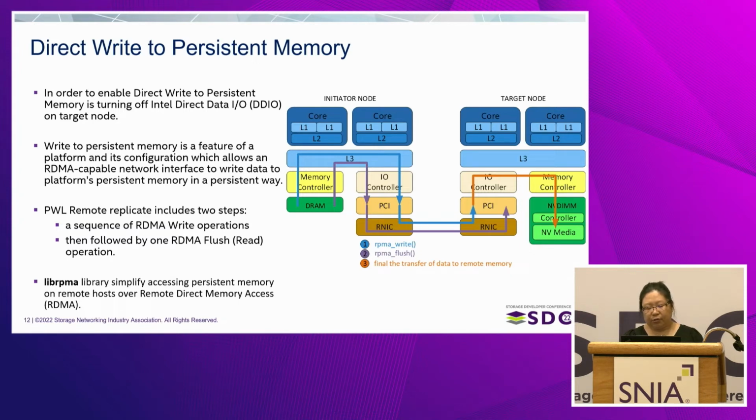The first is you issue an RDMA write, which we call the rpma_write function. Then the data will be written to the target node PCIe device, but it is not yet written to the PMEM. Then, following that, we issue one rpma_flush. The flush is a read operation, the purple one.